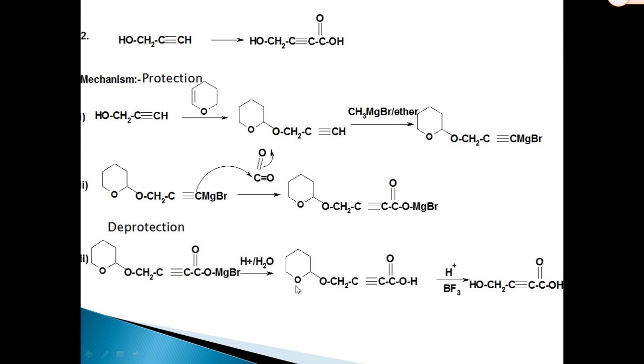We want to deprotect this hydroxy group on reaction with H positive and boron trifluoride. This hydroxy group gets deprotected again to form our final compound. Here the hydroxy group remains as it is, by blocking it and deprotecting it.